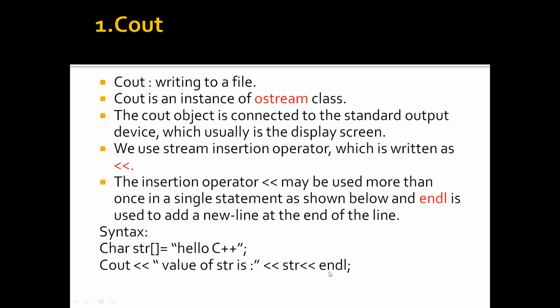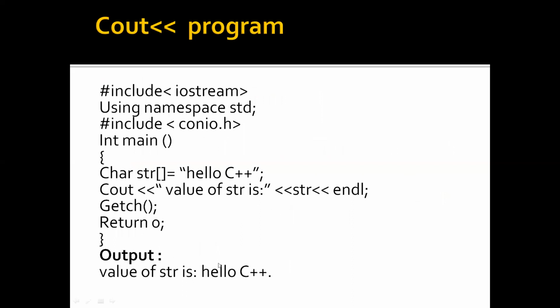Let us see the program of cout. Till now, in each and every program, we have seen a cout. This is just to show a cout program. We have included iostream, using namespace std, included conio.h, and declared the main function.